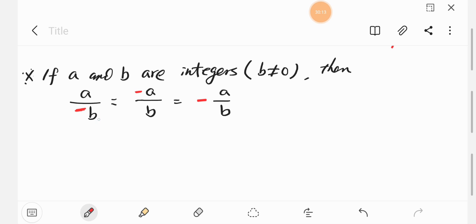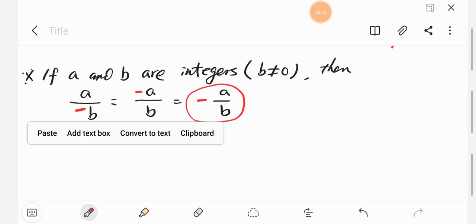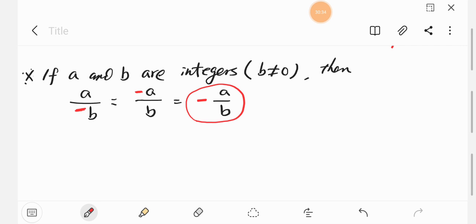So a divided by negative b. One of them is negative, so we move it to the numerator, or you can move it in front of the expression. But we usually write the negative in front of the expression. So we don't recommend the first expression, we don't recommend the second expression, but we recommend the third expression.